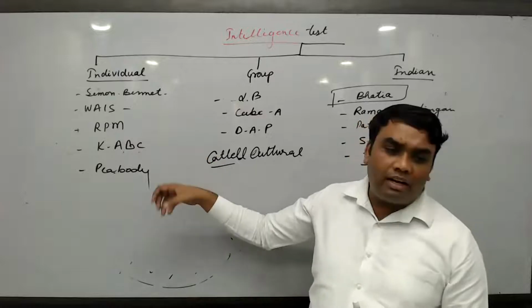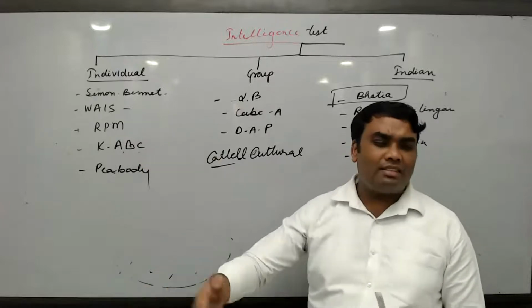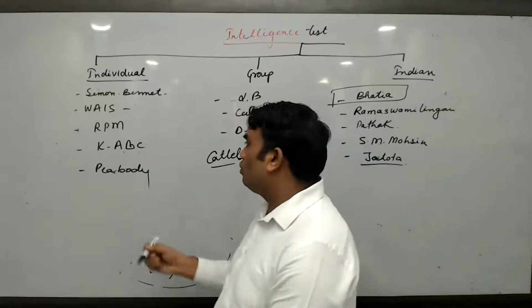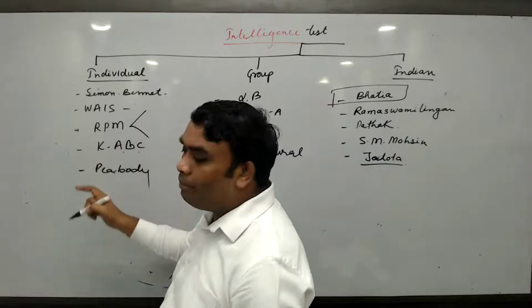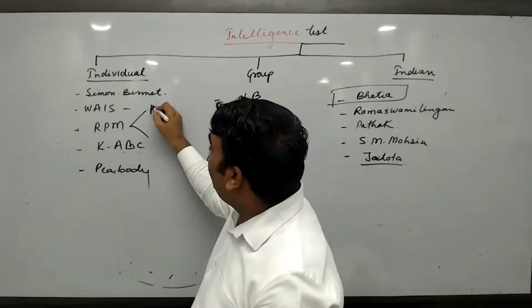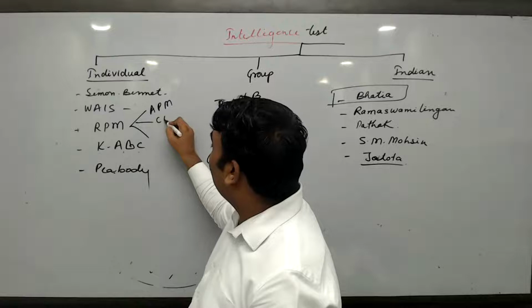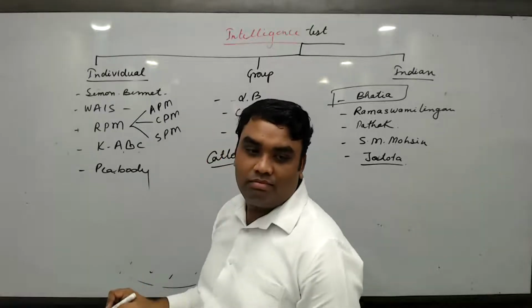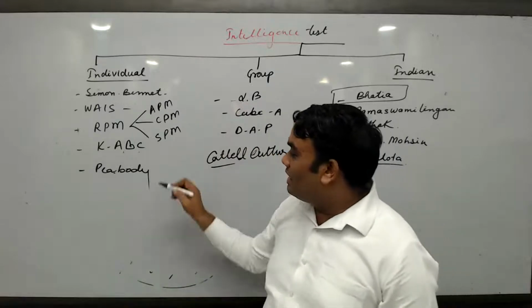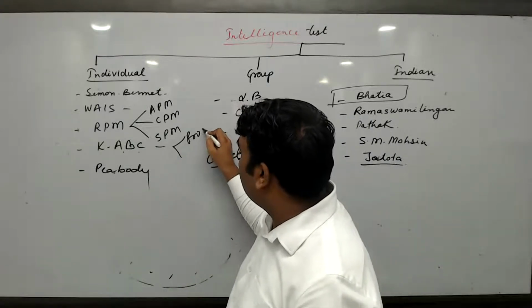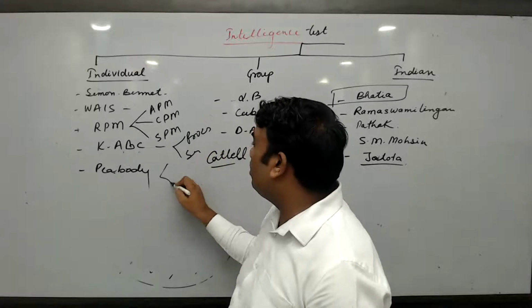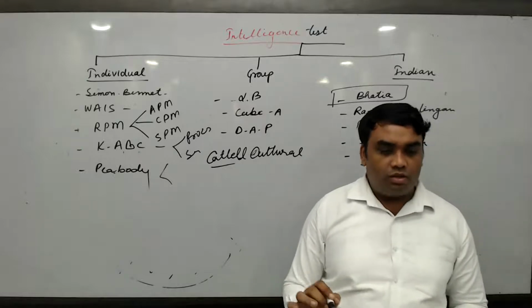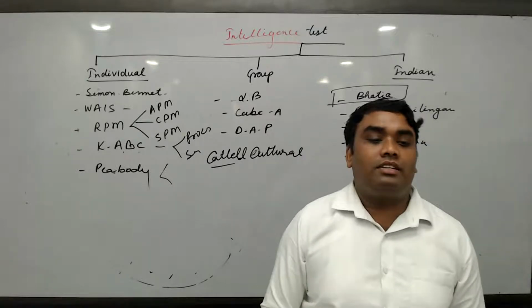If they ask for a little detail, the Bachelor and only 1 and 2 are sufficient. There are RPM, APM, CPM, SPM, and lots of things, but I think there is no need to go into detail because it is not mandatory.